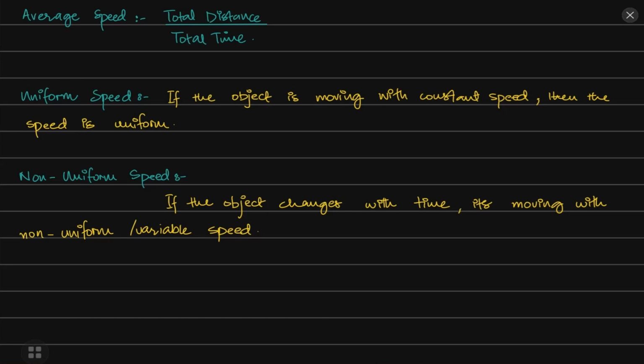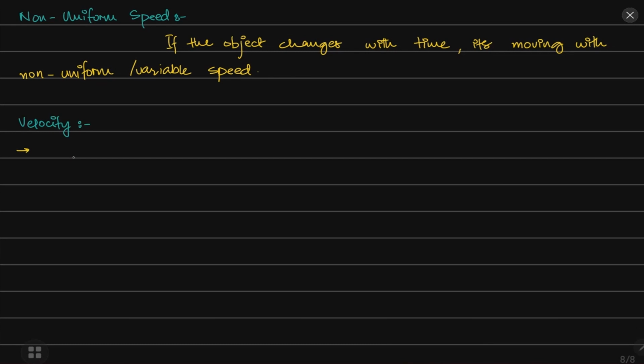Once we're sorted with speed and velocity and acceleration, all those things, then we'll talk about the graphs of all of them separately. So velocity, as I just told you, is basically the same thing as speed. It's just speed in a specified direction, right? So we can write down a couple of things for velocity as well. Rate of change of displacement, or you could say that it is the change of displacement with respect to time.